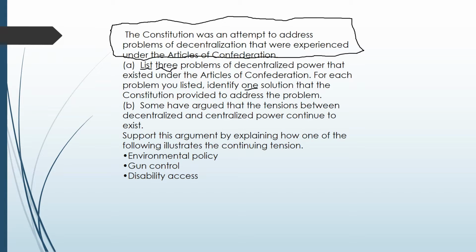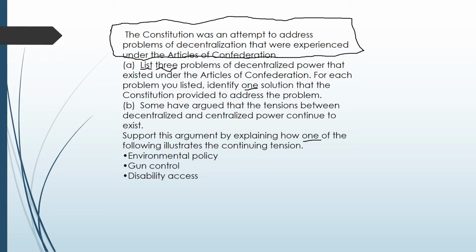And you're going to support this argument by explaining how just one of the following illustrates the continuing tension: environmental policy, gun control, or disability access. You can pick any one of those, and then you're going to address it in terms of the argument in part B, whether or not there is still tension between decentralized and centralized power.